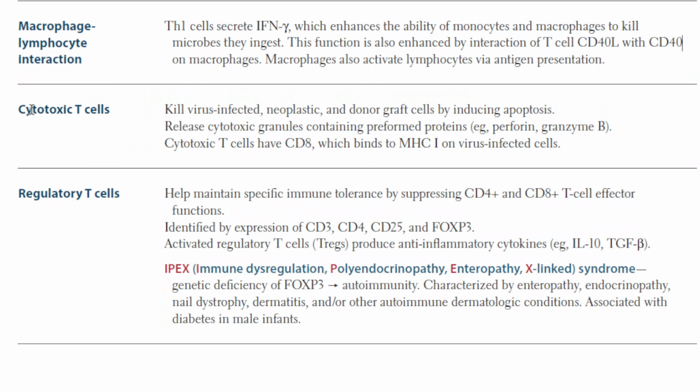So cytotoxic T cells kill virus-infected, neoplastic and donor graft cells by inducing apoptosis. They release cytotoxic granules containing preformed proteins like perforin and granzyme B, exactly like natural killers do.